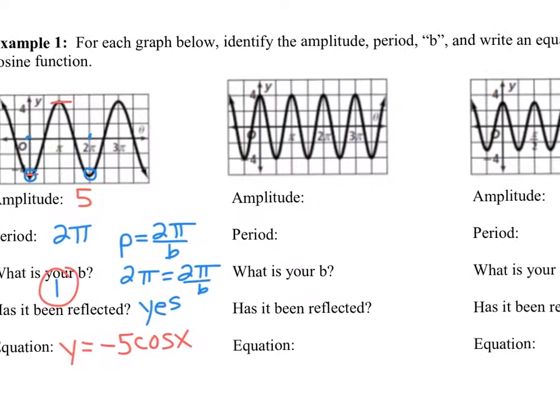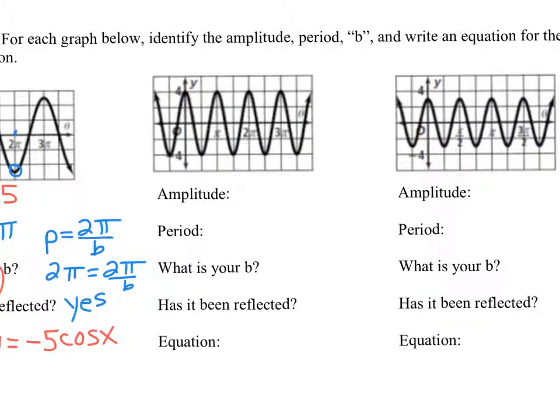Okay, the second one, the amplitude is 4. The period is going from here to here, so it's pi. My b value is found by doing period equals 2 pi over b. So if the period is pi, pi equals 2 pi over b, b must be equal to 2.